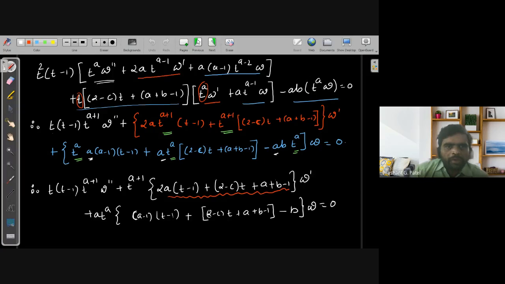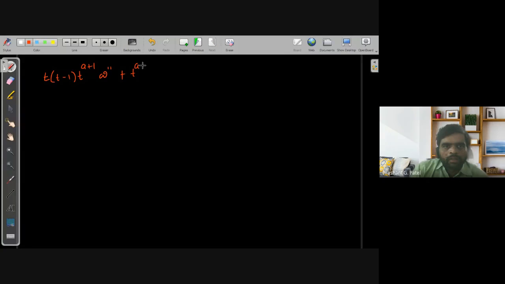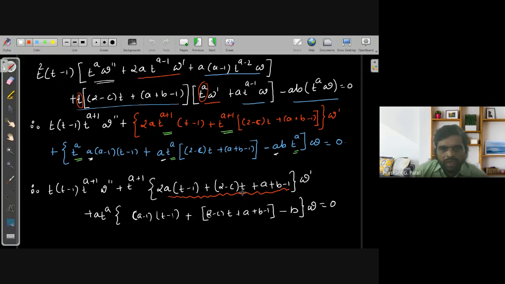So finally, what we got is t into t minus 1 t power a plus 1 w double dash, and t power a is there, t power a plus 1. Inside the bracket, you just observe that the coefficients of t are 2a and 2 minus c.